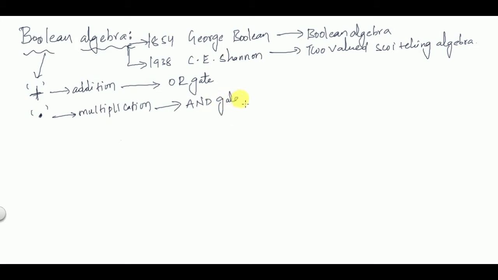Just remember these two points: wherever you see plus, it represents OR gate; wherever you see multiplication, it represents AND gate.